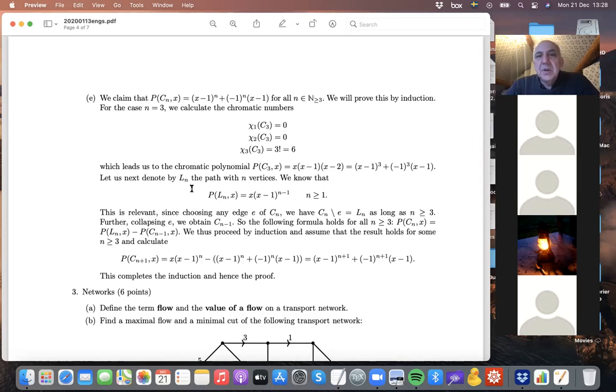And that's our situation. So let's look at the path. For a path, we also had a formula, which is x times (x-1)^(n-1). How to get this? Well, if we have, let's see.